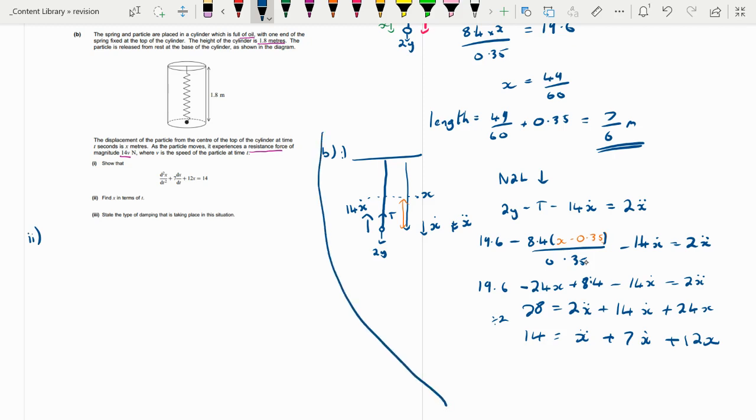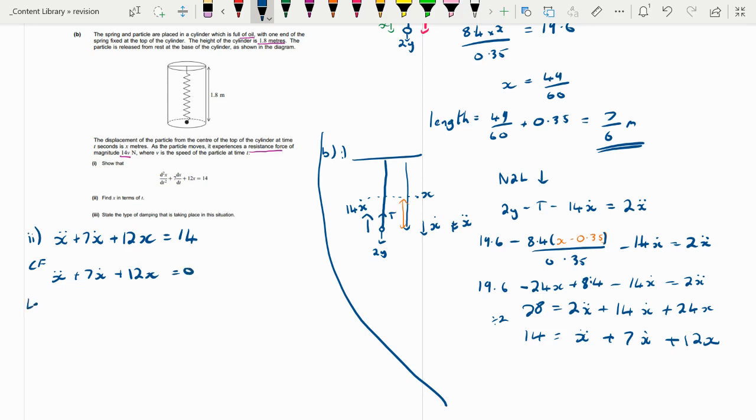So part B, part 2, is going to be finding my general solution. I've currently got x double dot plus 7x dot plus 12x is 14. Because it doesn't equal 0, I need to do my CF and my PI separately. So let's do my CF bit first. I've got x double dot plus 7x dot plus 12x equals 0.